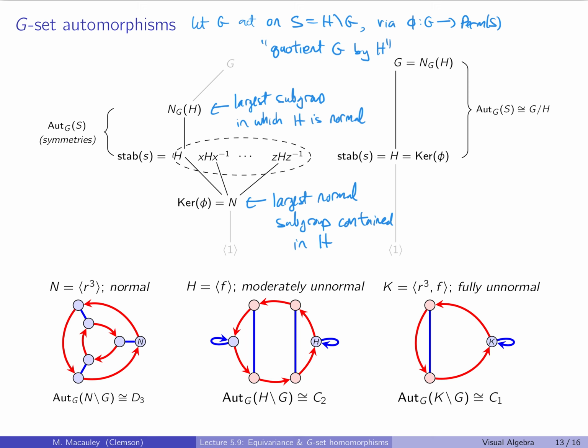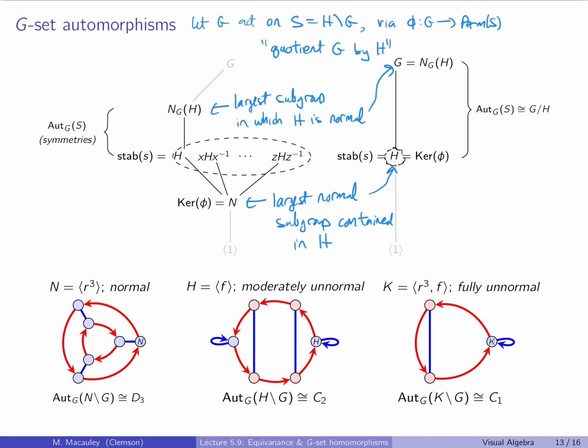So compare this to when H is normal. When H is normal, then our conjugacy class has size 1. So the kernel is equal to H; the largest normal subgroup contained in H, in this case, is equal to H. And then the largest subgroup in which H is normal is equal to G. And then the G-set automorphism group is this quotient G mod H. Again, that's not necessarily the automorphism group of G, but it's just saying that this node H or N looks like every other node.